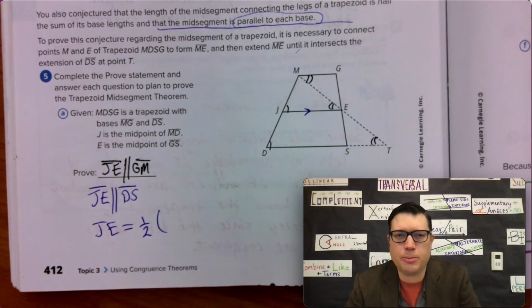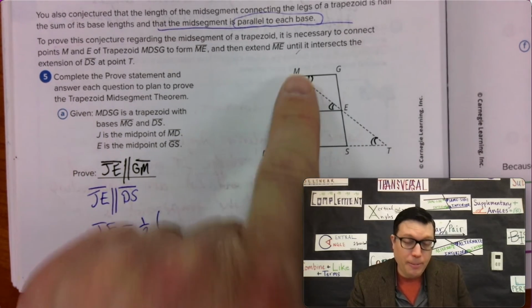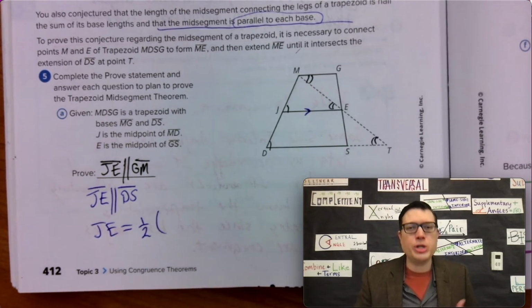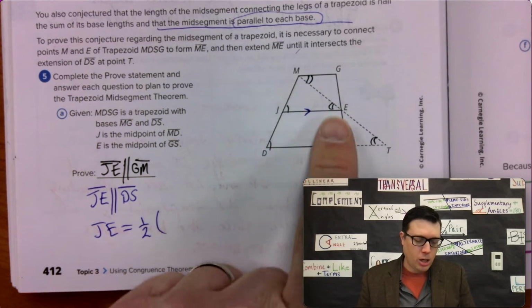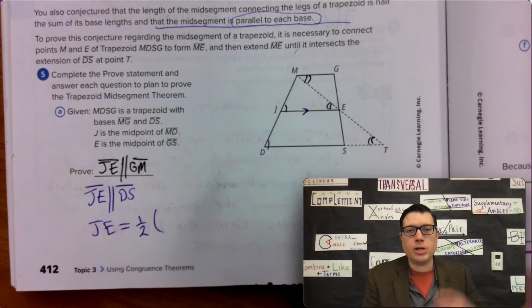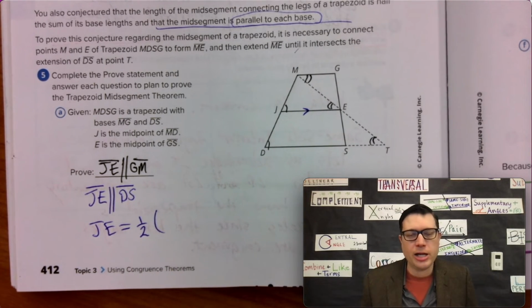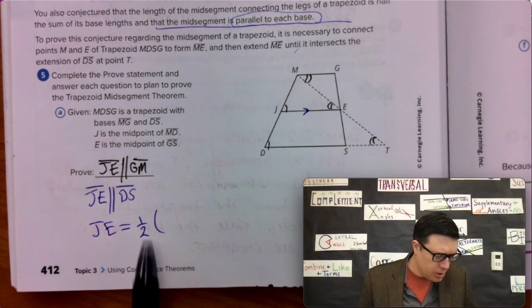That's what we would like to prove, right? If the triangles that are created create parallel sides, we just want to make sure that we know that the midsegment is actually parallel to both bases, not just one, but both of them. And it turns out it is actually possible through the use of alternate interior angles. So there you have it.